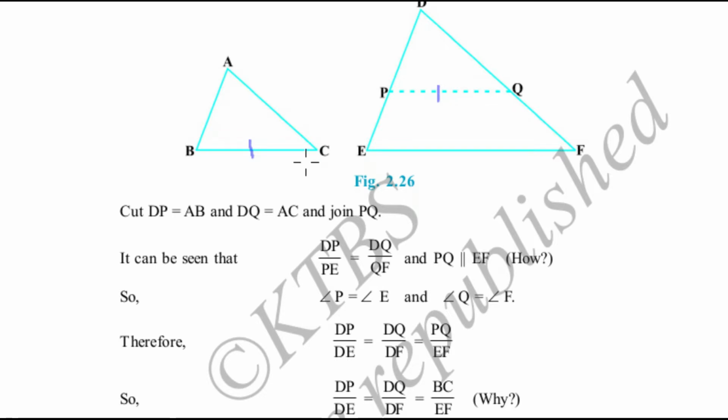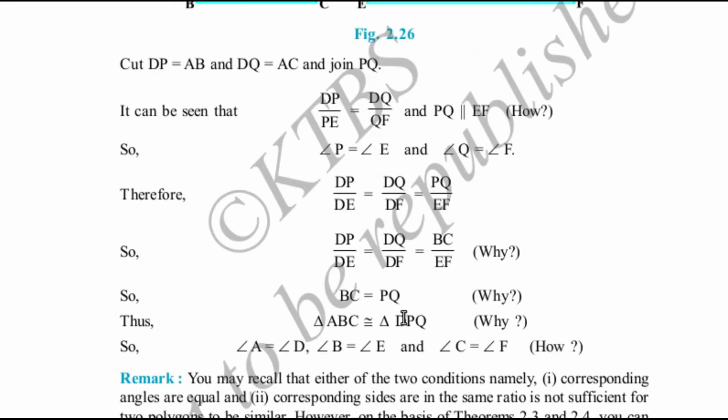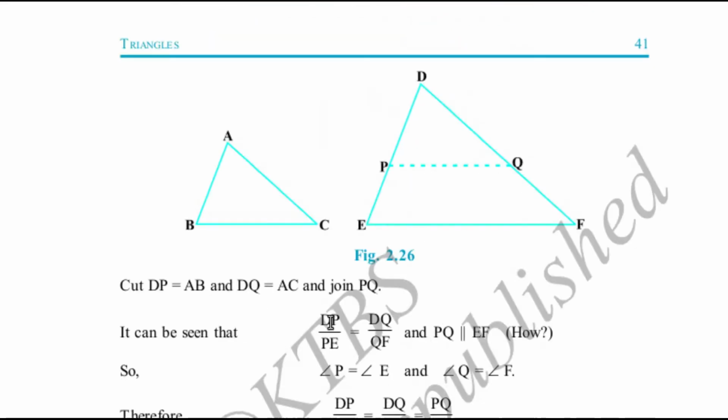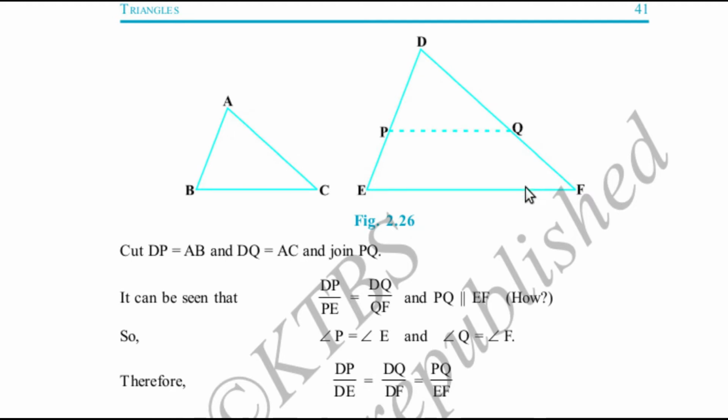That is what we have done here. Thus we can conclude that triangle ABC is congruent to triangle DPQ. When do we say that two triangles are congruent? When their corresponding angles are equal and their corresponding sides are equal.